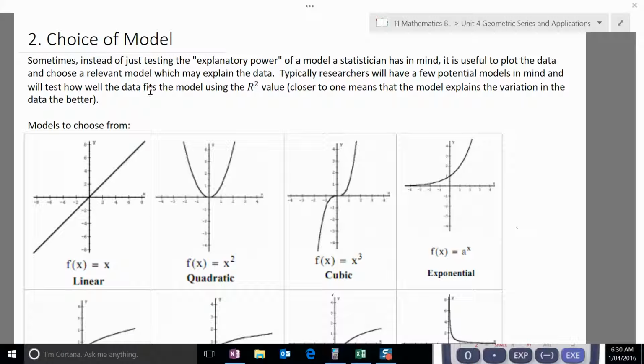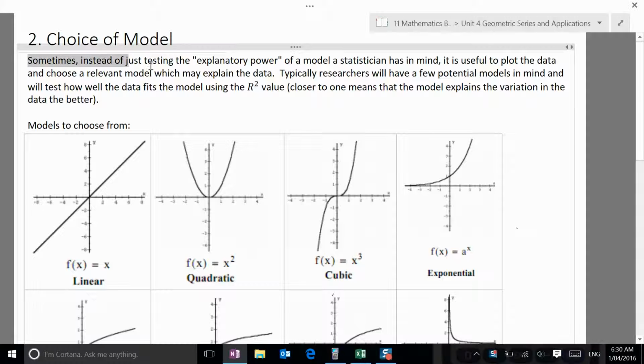Lesson 2 is about the choice of model. As it says, sometimes, like we did in the first lesson, just testing the explanatory power of a model isn't really possible. We might have a theory, might not be able to say, I think for each year you get older, you'll increase your height by the same amount.